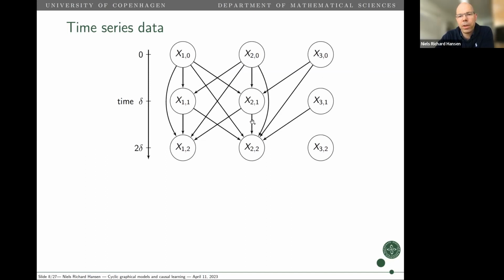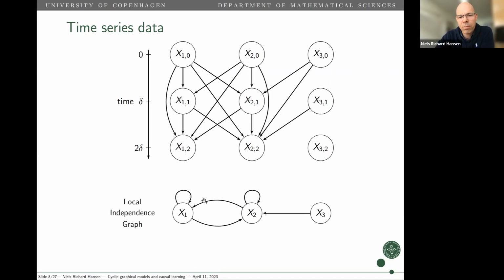This will not give rise to any cycles. But one tool we sometimes use also in time series analysis is that we collapse this fairly complicated graph into what is equivalent to the local independence graph I just defined, where we just have one node for each of the different coordinates of the time series.